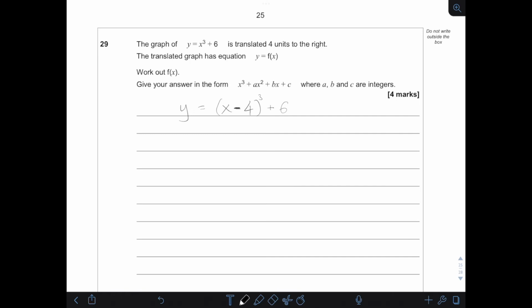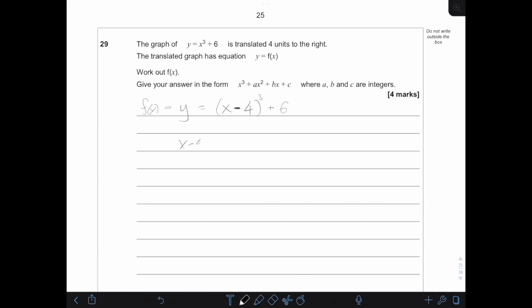Now we need to work out f(x), which is this formula. So f(x) is equal to (x minus 4) cubed plus 6. Let's try to expand that. We're just going to have to do this slowly, aren't we?